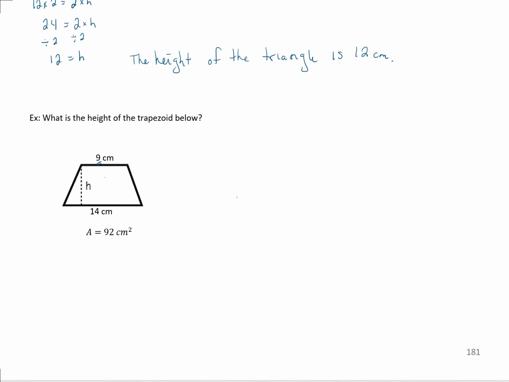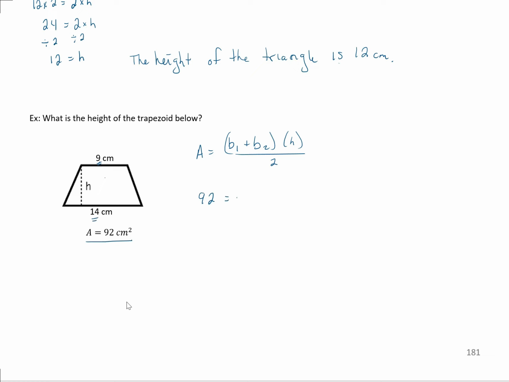So let's take a look at this one. What's the height of the trapezoid below? Well, we know the area, so we're going to start with the area formula, which is base 1 plus base 2 times height divided by 2. Which means, let's plug in what we know. We know the area is 92.